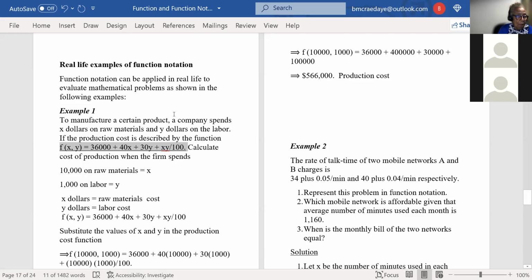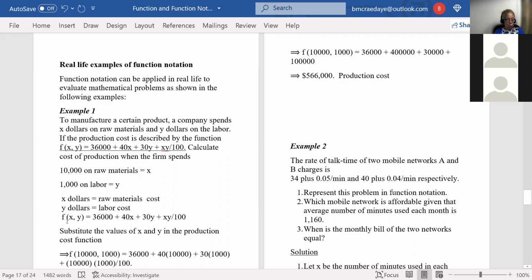You're manufacturing a product and you spend X dollars on raw materials and Y dollars on labor. And they give you a formula for production costs, but the function includes both raw materials and labor. That's why you have X and Y. X for the raw materials, Y for the labor. And this was given: 36,000 plus 40 times the raw material cost plus 30 times the labor cost plus the raw material cost times the labor cost divided by 100.